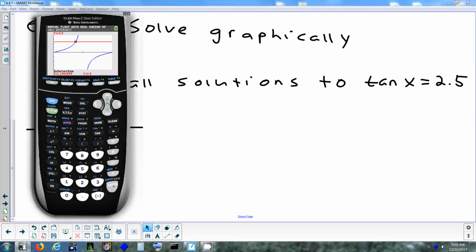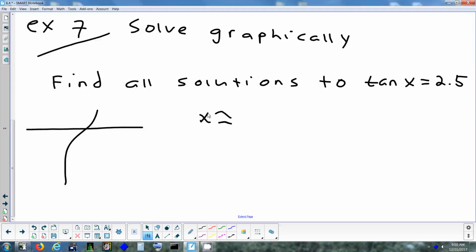Okay, so the first positive solution is 1.190. And Shauna, what am I going to put on the end of that to represent all? 2 plus... If you put plus 2 pi n on this one, we would lose half of our solutions because the solutions occur more frequently than 2 pi.